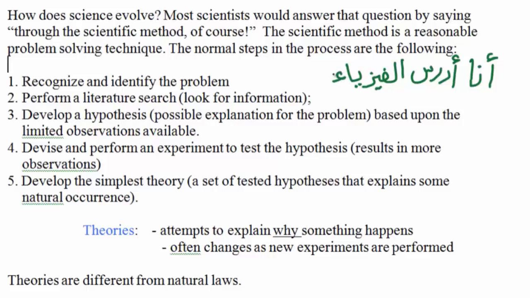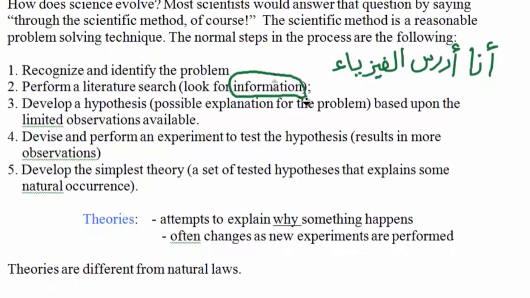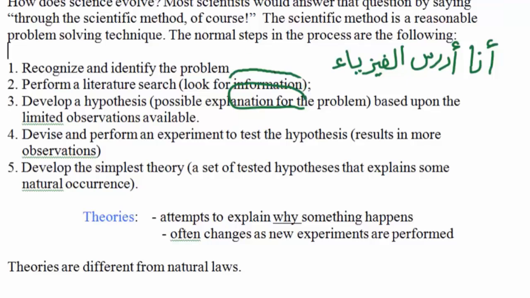Okay, so I wrote something here. I wrote a sentence in a foreign language with foreign alphabets. It's not English alphabets. And if I ask you to develop a hypothesis, which is a possible explanation for the problem, can you come up with any ideas, with any hypothesis? And the answer is no, simply because you don't have information. Therefore, information is a major part of the scientific process. Without information about the problem, you'll not be able to come up with a hypothesis.